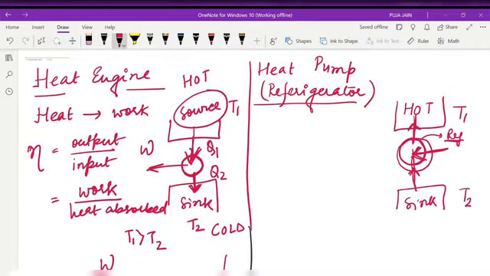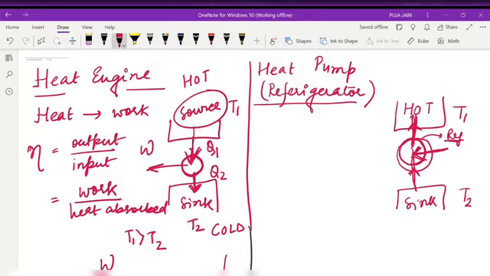You can see this. It is giving the heat to the hot. Hot means the surrounding. We know that our room temperature is obviously greater than the temperature inside the refrigerator. You see the arrow side, it is towards the hot. Basically it is rejecting heat.